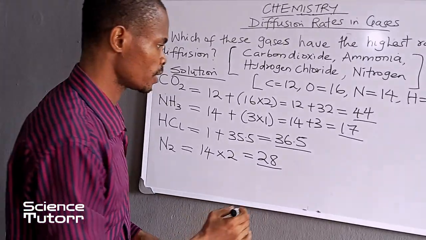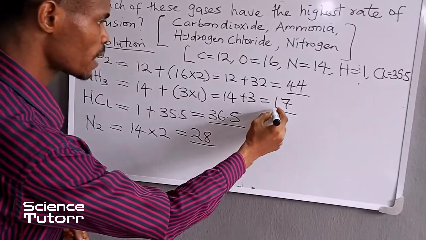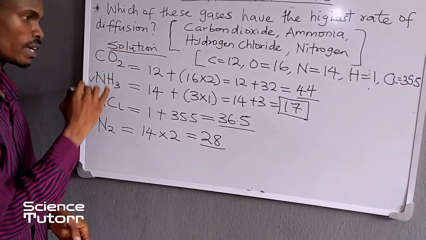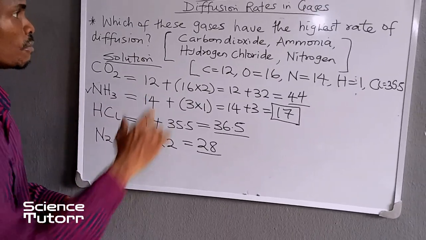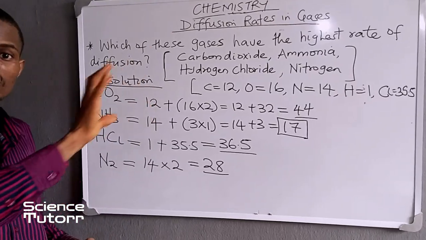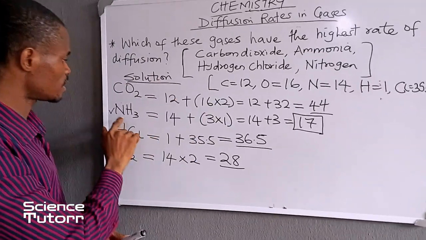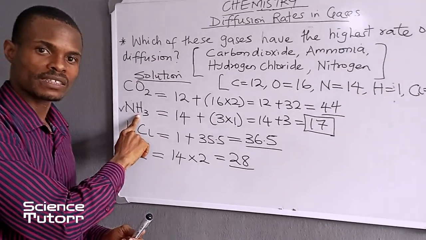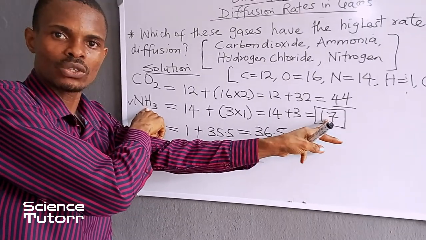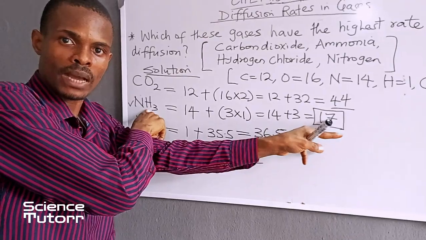The lowest amongst all of them is 17, which represents ammonia. So the gas with the highest rate of diffusion, that will diffuse faster, is ammonia. Why? It has the least molecular mass.